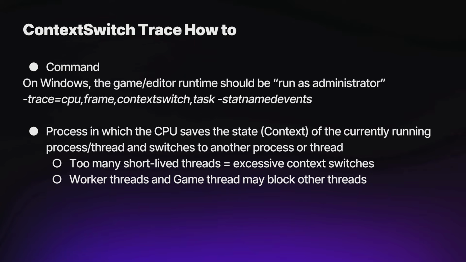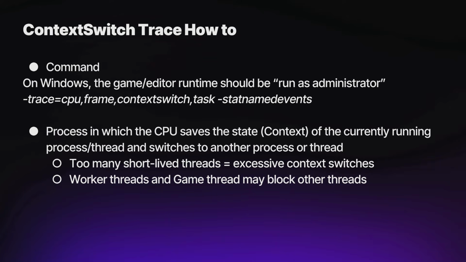To correctly analyze context switches, use the context switch channel. A context switch is the CPU saving the state context of the currently running thread and switching to another thread. Therefore, if there are too many short-lived threads, context switching may occur excessively, causing worker threads or the game thread to block other threads.